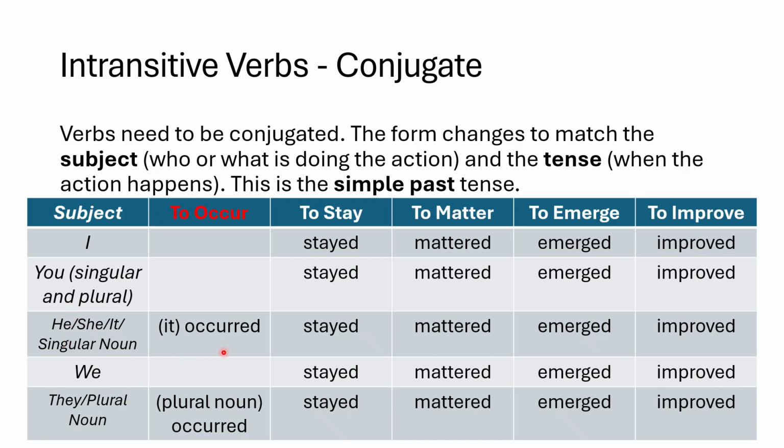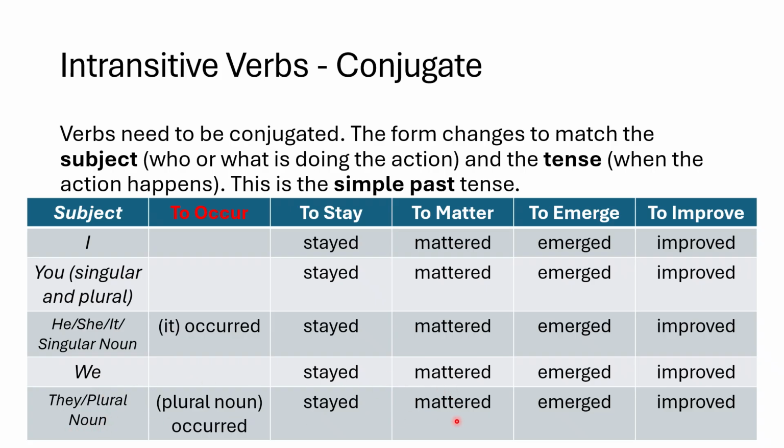It occurred. Noun, occurred. I stayed. You stayed. He stayed. She stayed. It stayed. We stayed. They stayed. I mattered. You mattered. He mattered. She mattered. It mattered. We mattered.